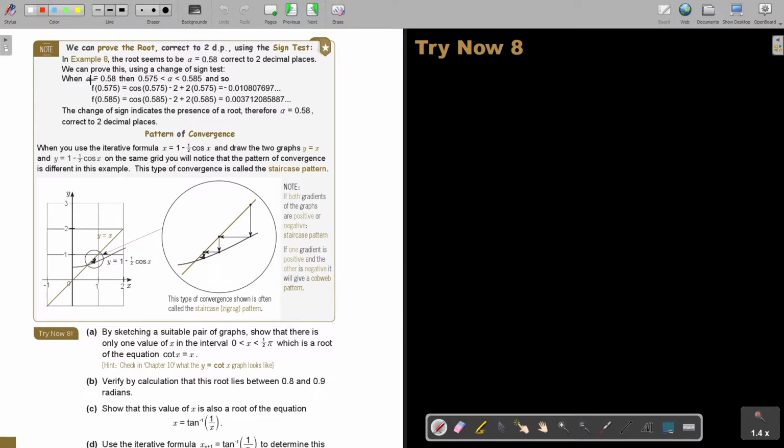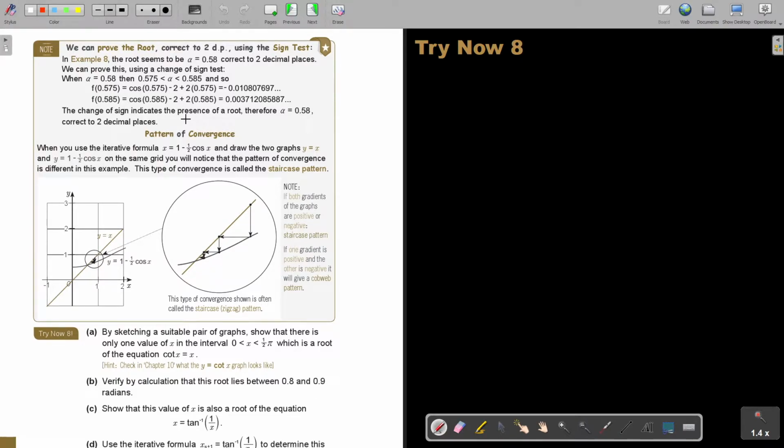So we say the root is between, we take 0.58, but we take a little bit before and a little bit behind, so we actually prove that that's the root. A little bit before, I get negative, and a little bit behind, I get positive. So the change of sign indicates the presence of a root. Therefore, 0.58, correct to 2 decimal places, is the root.